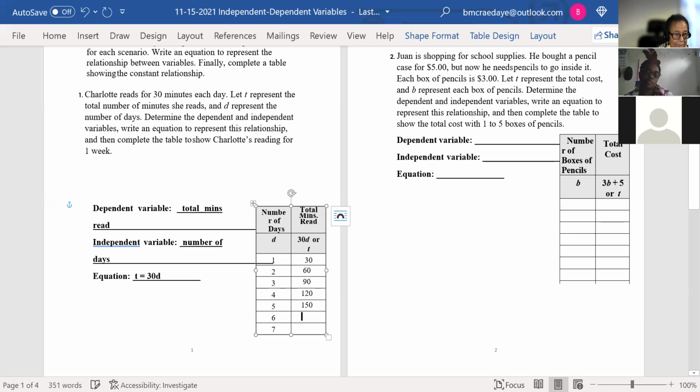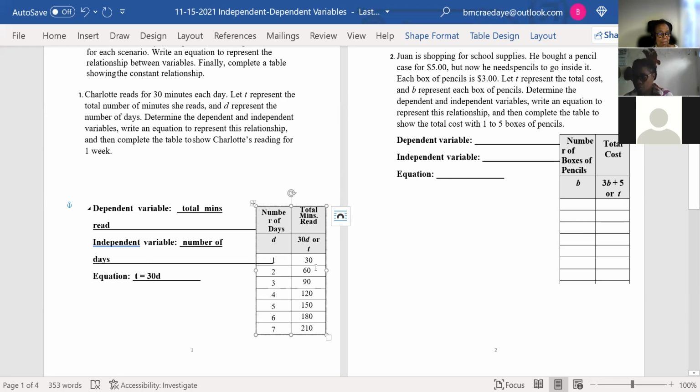So what would day 6 be? That would be 180. And 7 would be what? 7 times 30, 210. So each time you're adding 30, because there's 30 minutes per day, right?